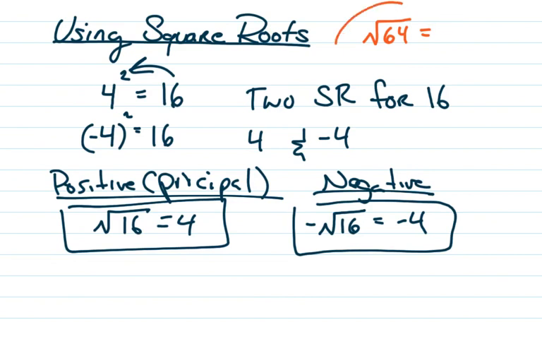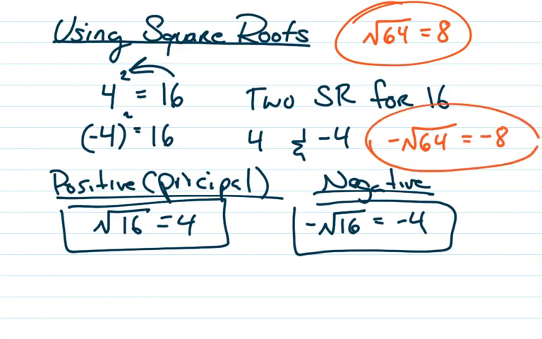The answer to this question is only positive 8. The answer to this question with the negative sign is -8. And you'll learn more about this distinction once we get into the quadratic formula and use it a little bit more.